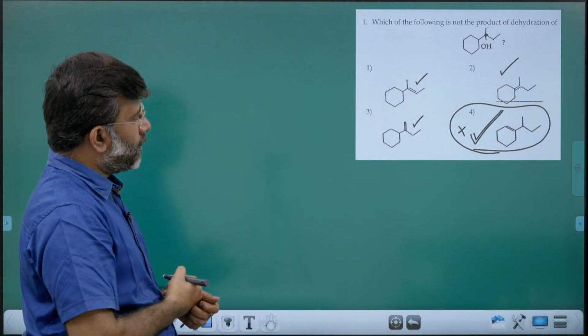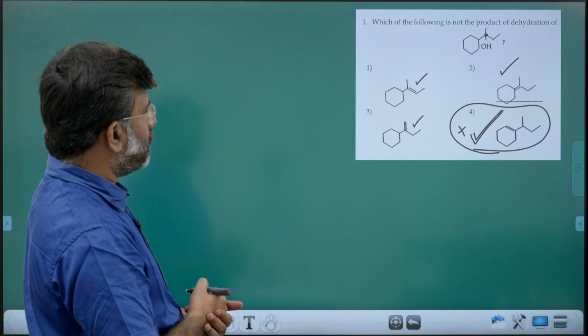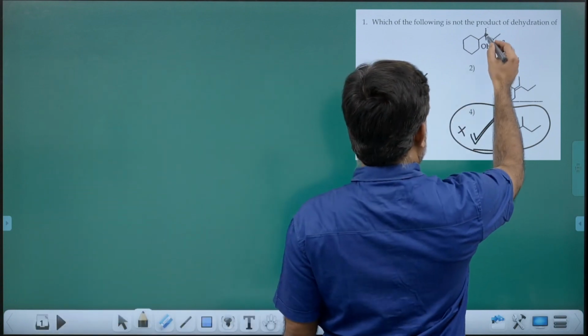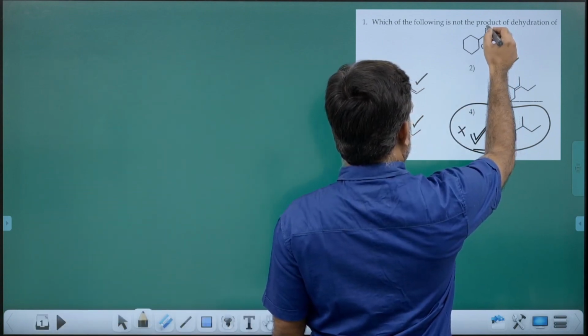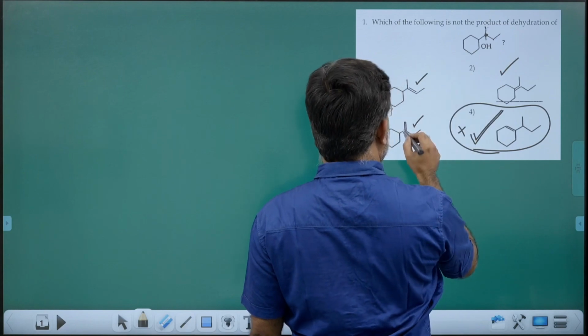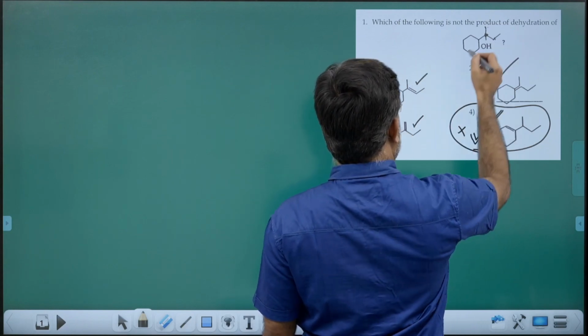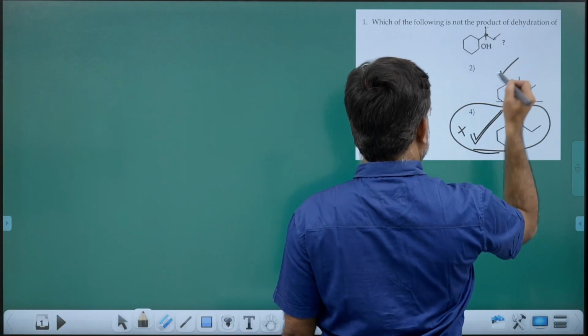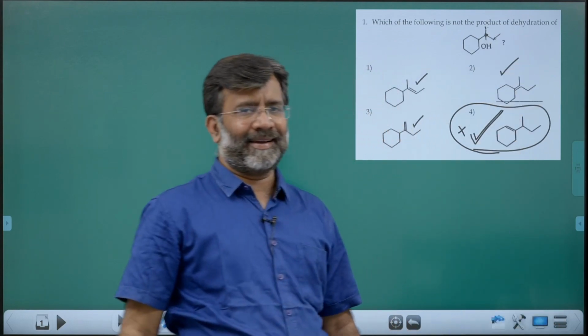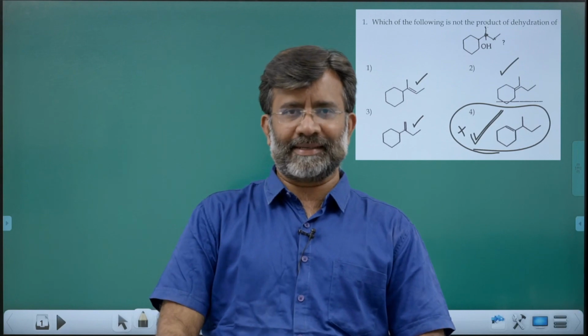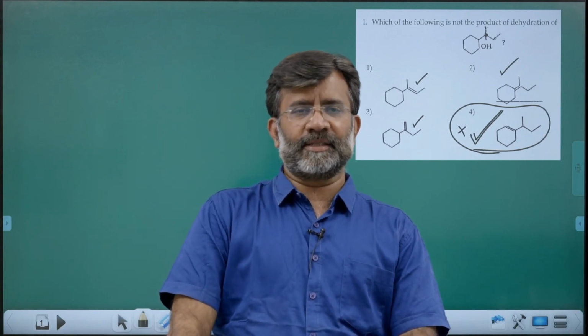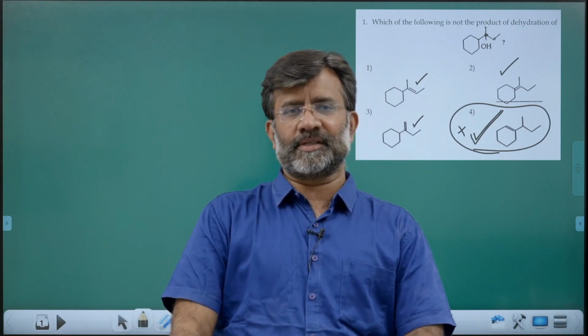That is not possible. And hence, that is our answer. So first one possible, second one possible, third one possible. As this is alpha carbon and this is beta 1, you get this product. Hydrogen from beta 2, you get this product. Hydrogen from beta 3, you get this product. Dehydration is basically a beta elimination reaction.